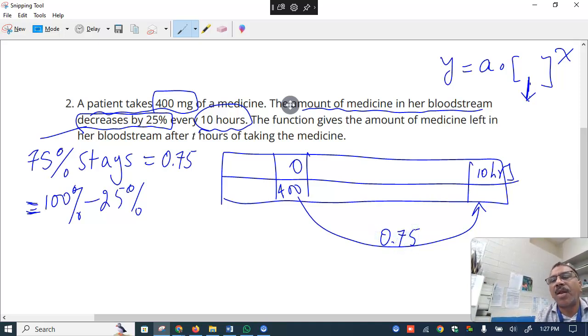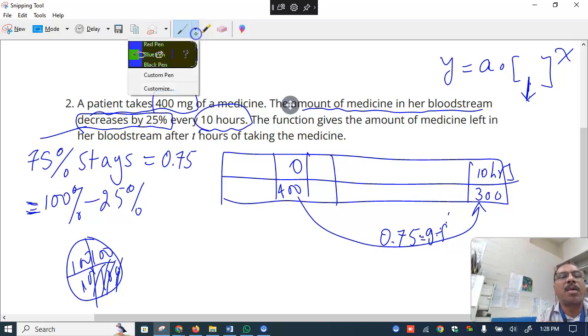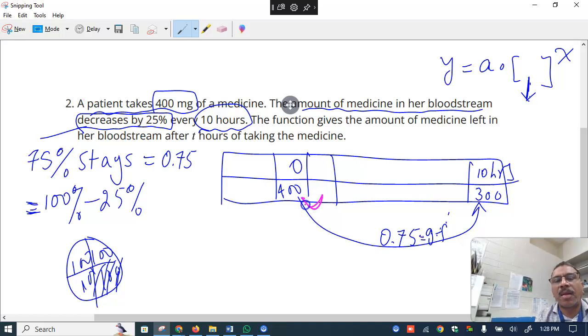When you multiply by 400, you end up getting 300, and it has to be, because if I break 400 into 100, 100, 100, 100 and take one of these pieces away, what remains is 300, 3/4 of 400. So this is the growth factor for every 10 hours, but we want to know the growth factor for every 1 hour. That's the B part.